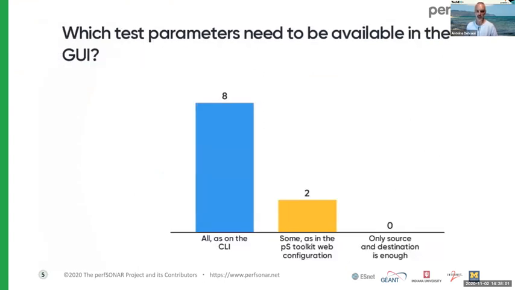Another question we asked is what test parameters would be interesting to have in this graphical interface. And quite unsurprisingly, users said the same parameters that are available on the CLI.